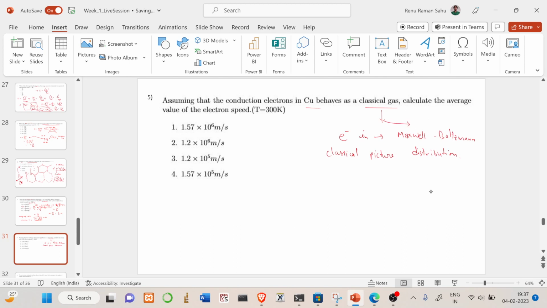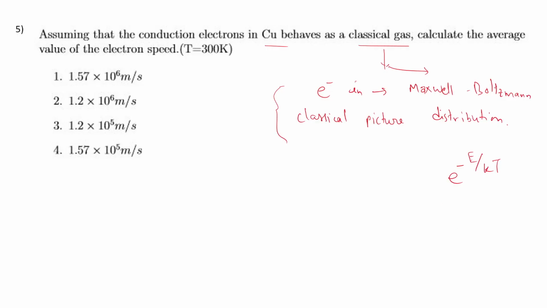So the Boltzmann distribution is like e to the power minus E over kT. The probability that you will get a particle of energy E is directly proportional to this. This was the classical picture. But when we incorporated the quantum ideas, this became the Fermi-Dirac function.